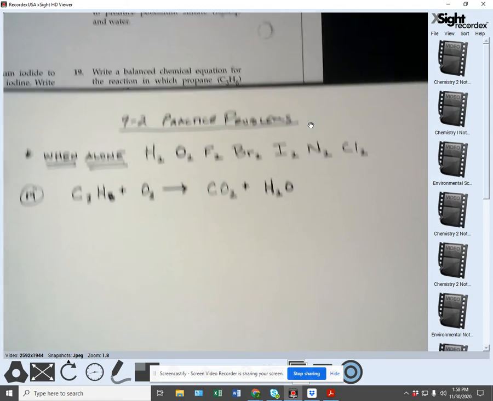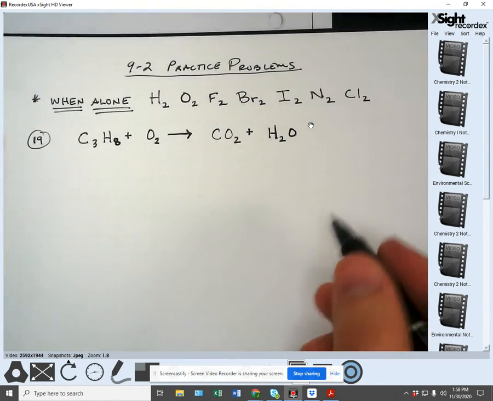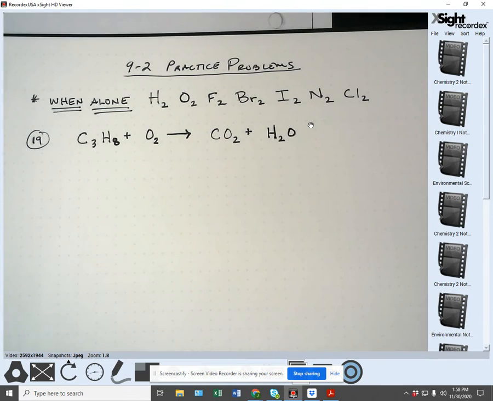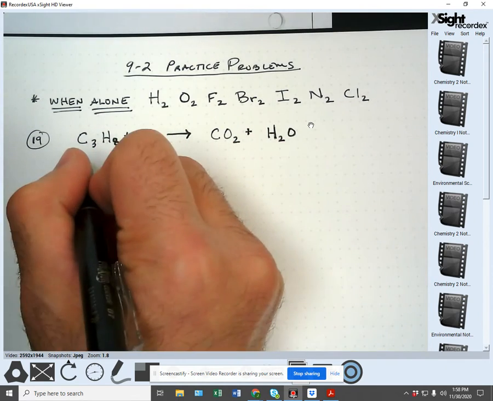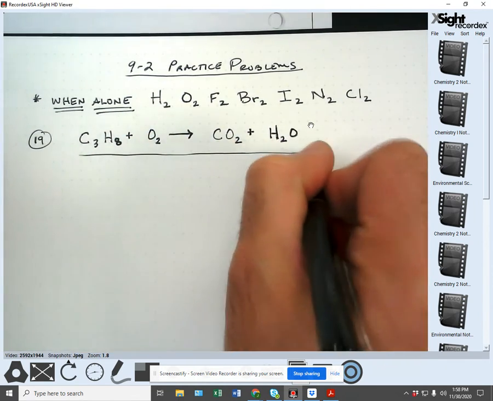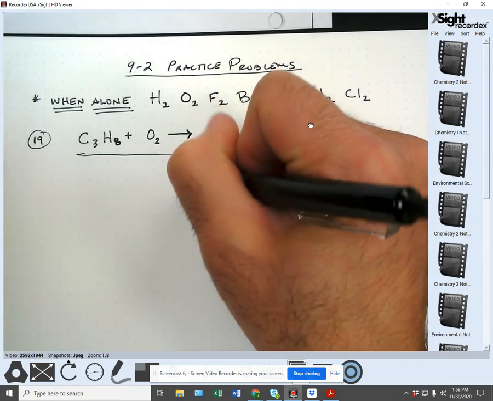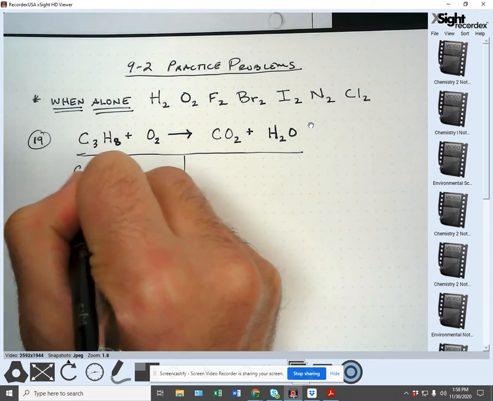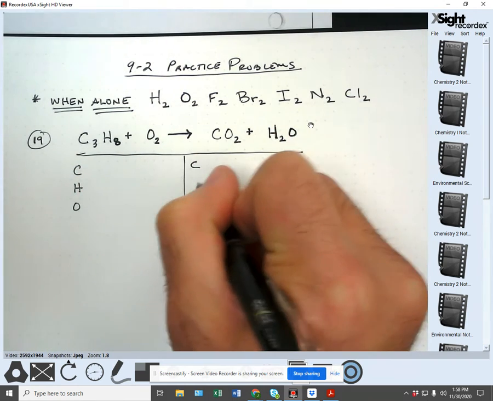So I'm going to push that up now and create my T-chart. Okay, we've just got 3 things: carbon, hydrogen, and oxygen.